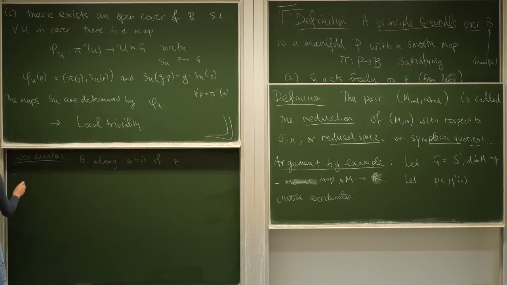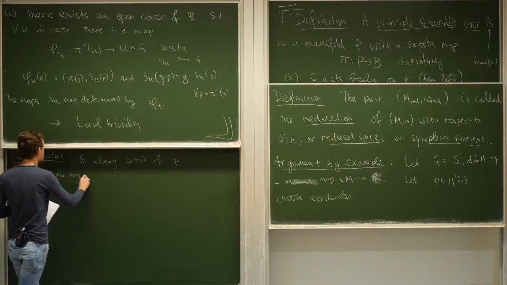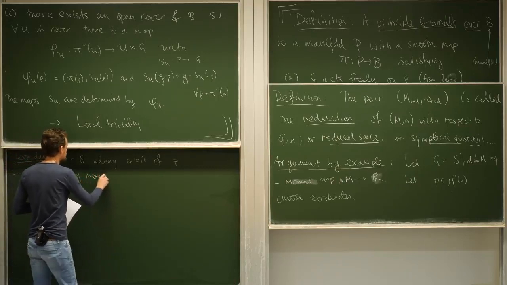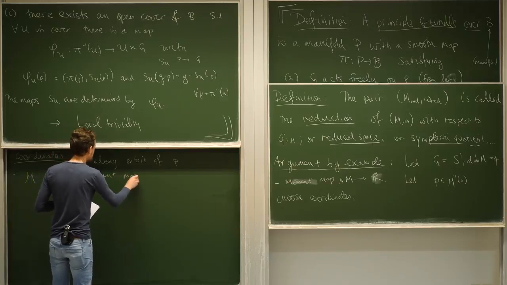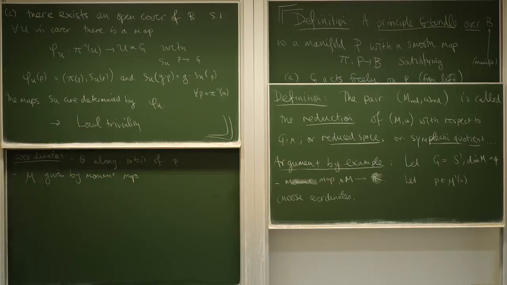We'll have another coordinate. We'll have the moment map itself. That's a good coordinate. And certainly on this submanifold mu minus 1 of naught, that coordinate's always 0.